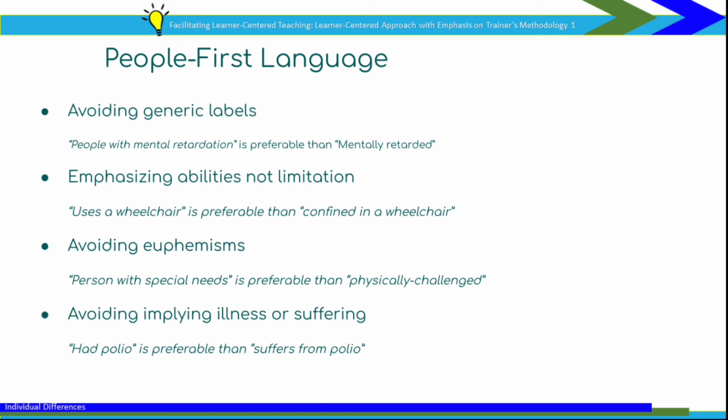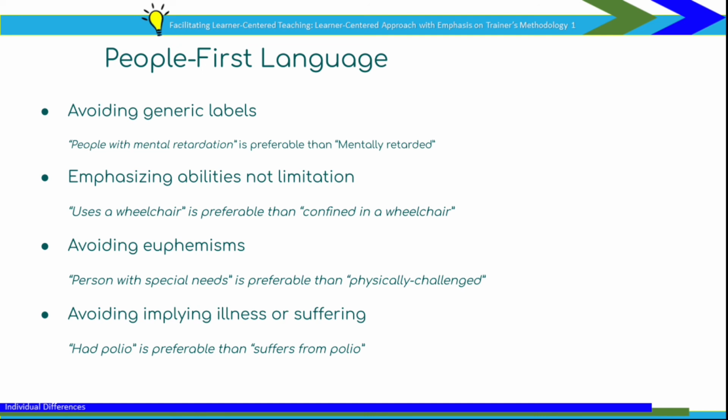Another one, avoid euphemisms such as physically challenged, which are regarded as condescending and avoid the real issues that result from disability. And lastly, avoid implying illness or suffering. Had polio is preferable to is a polio victim, and has multiple sclerosis is preferable to suffers from multiple sclerosis.